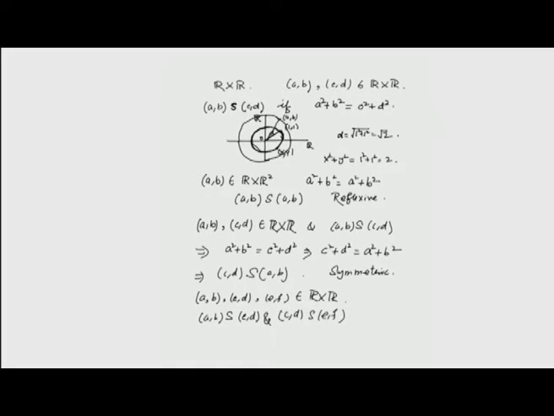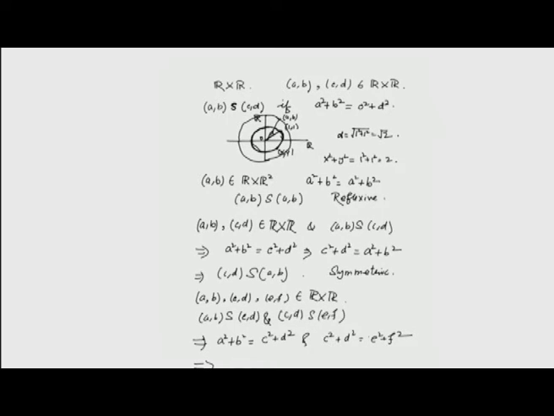This together will mean that a square plus b square is equal to c square plus d square, and c square plus d square is equal to e square plus f square.